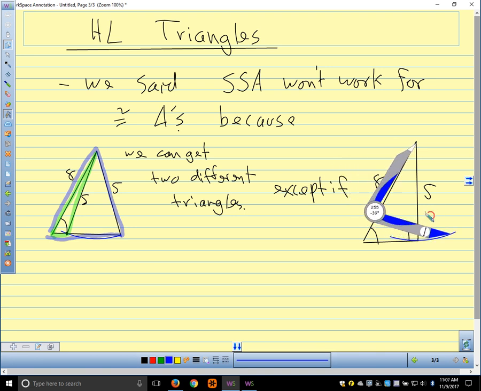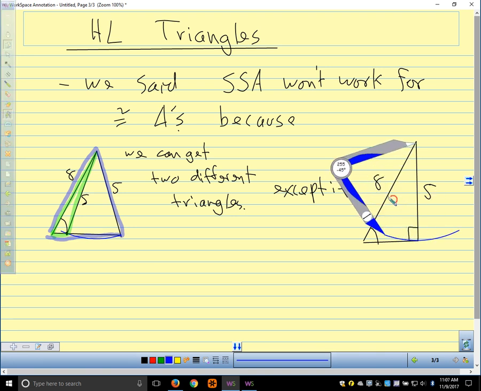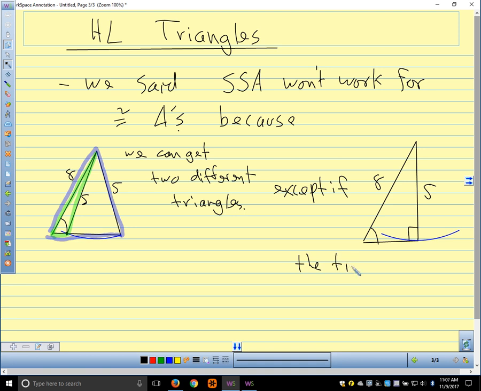There's nowhere else that that side can swing around and connect with that base of the triangle. So we're going to say except if the triangle is a right triangle. And now we have a hypotenuse and a leg. And if we have another right triangle with the same hypotenuse and leg, it would be exactly the same.